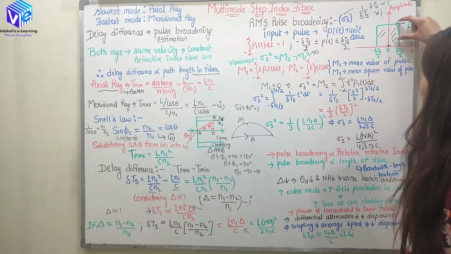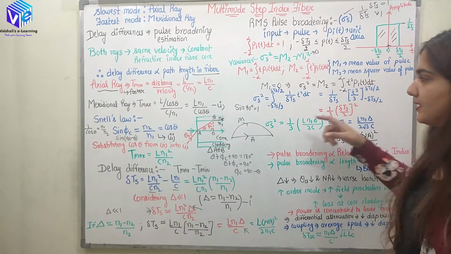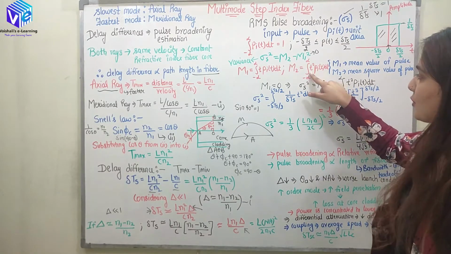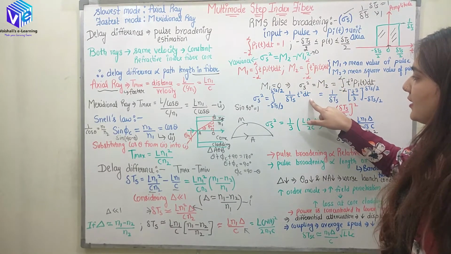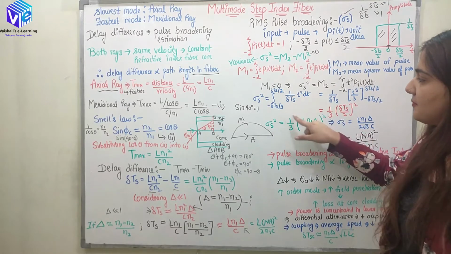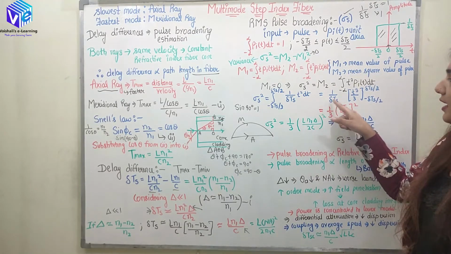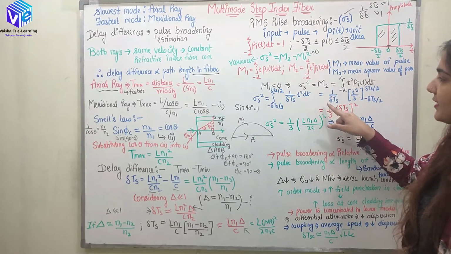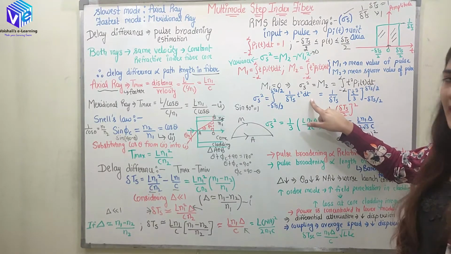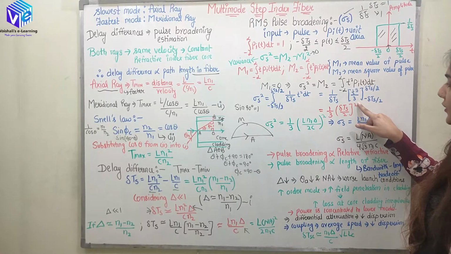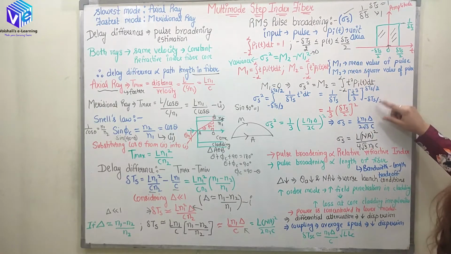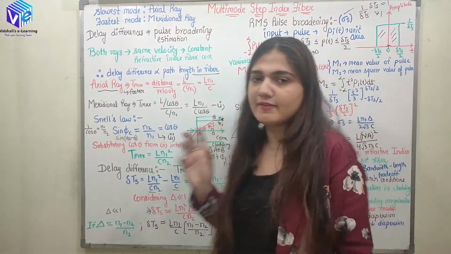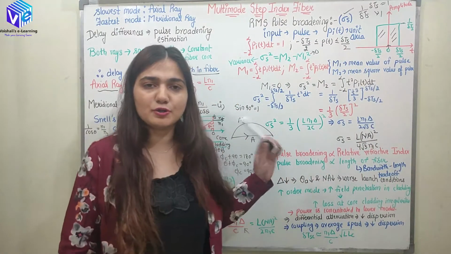Now, the amplitude is 1 upon delta ts, so I represent p(t) as 1 upon delta ts, into t square dt. This 1 upon delta ts is a constant, I can take it outside, so the integration of t square dt would be t cube upon 3, with limits minus delta ts upon 2 to delta ts upon 2, and when I solve this I get 1 upon 3 into delta ts upon 2 square.